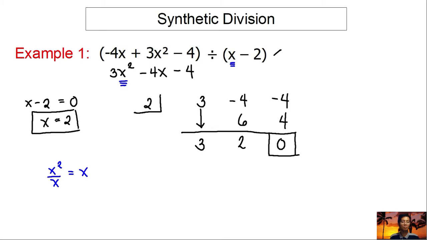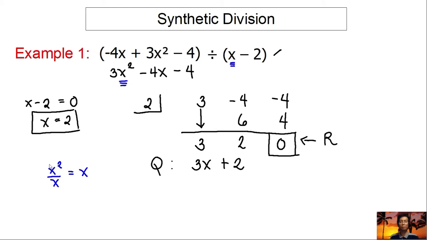Ibig sabihin po niyan, sa x ka po mag-i-start. Meaning, kung ang nakalagay po dito ay 3, 2, ito po ay magiging 3x then plus 2. Si 3x plus 2, this is our quotient. And 0 here is our remainder.